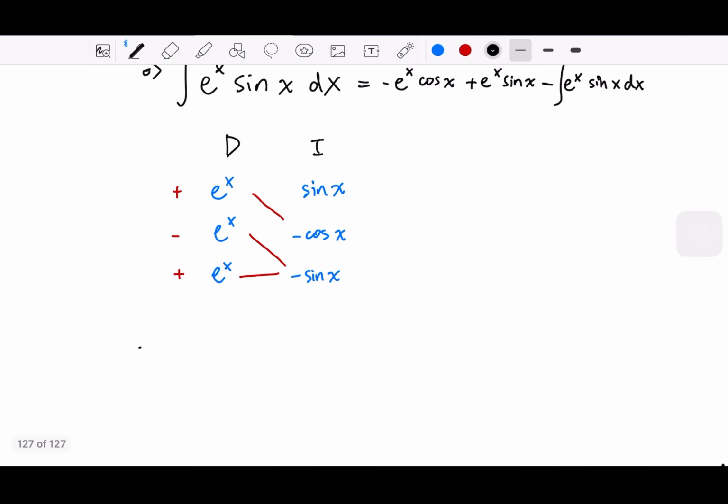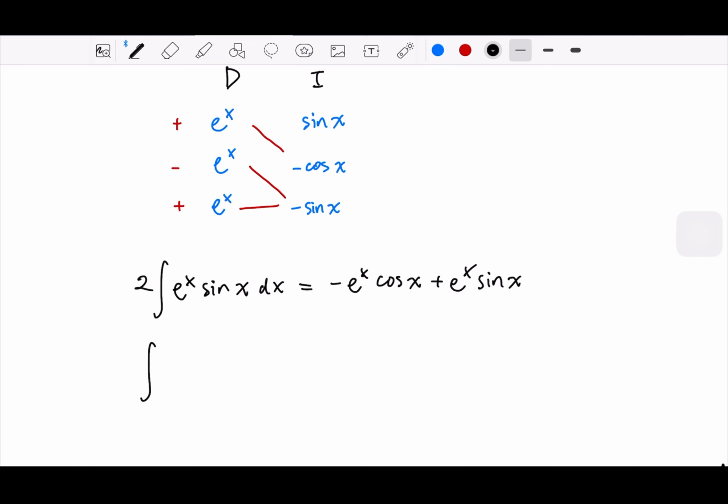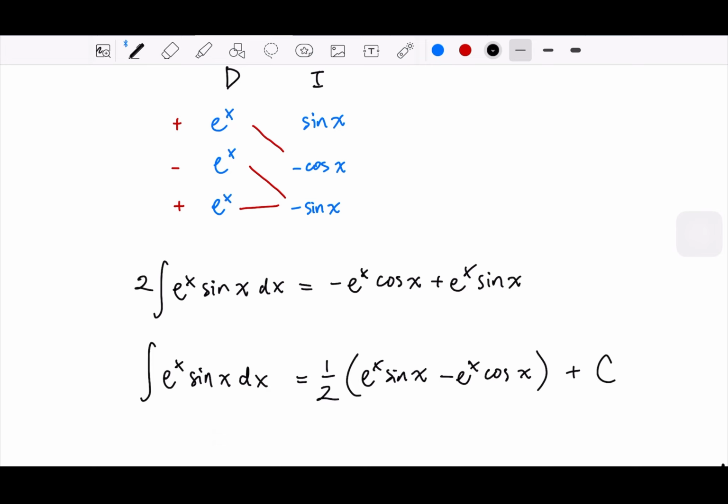So we get 2, and then negative e, and don't forget plus C. My suggestion is to add it at the very end.